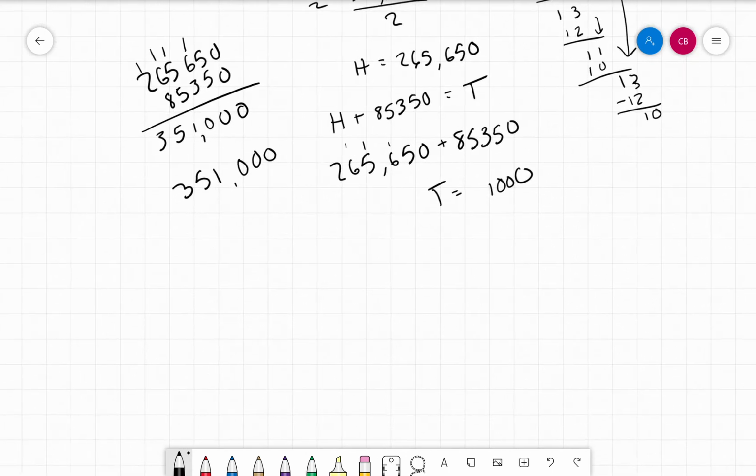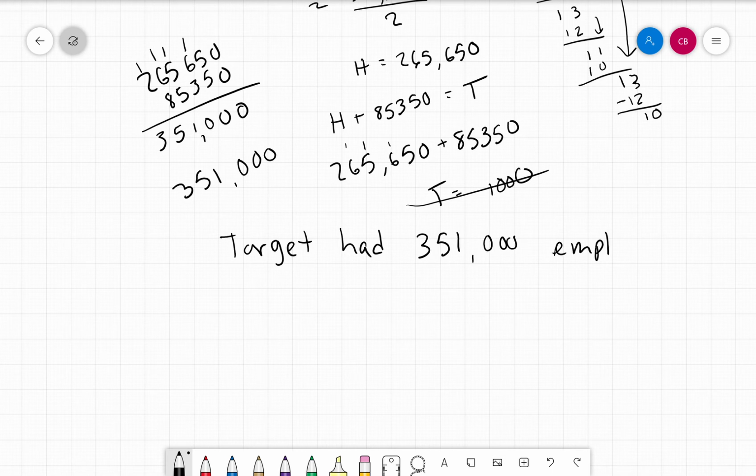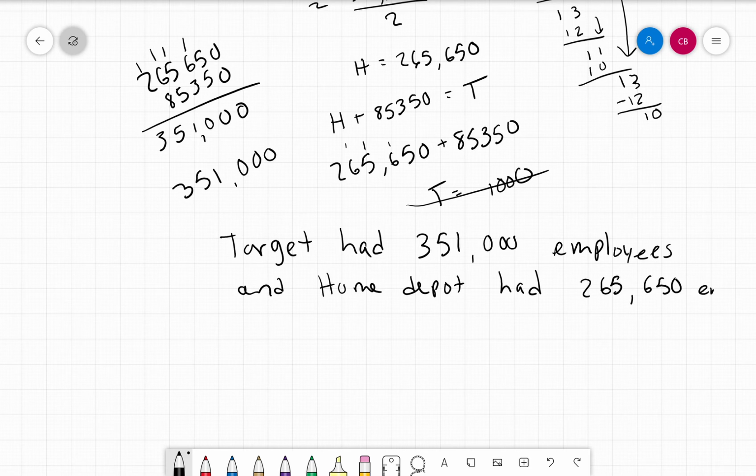So if we were going to state this, sorry, don't look at that. We have Target had 351,000 employees, and Home Depot had 265,650 employees.